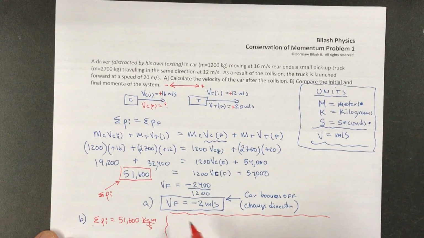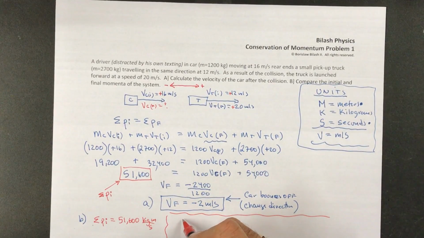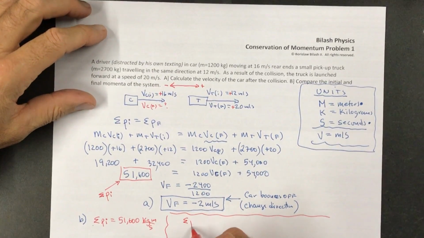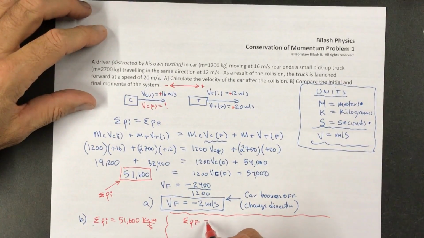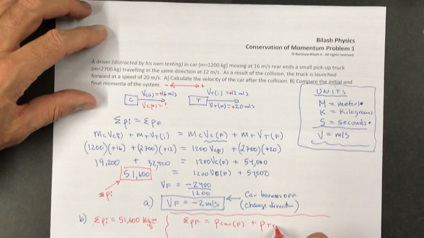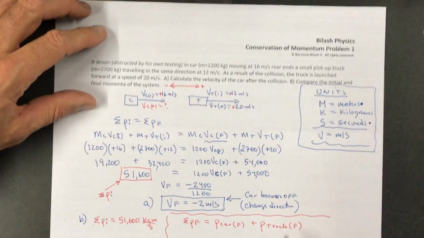So we can use the sum of the momenta. The final momentum is going to be the sum of the final, which is equal to the momentum of the car final plus the momentum of the truck final.